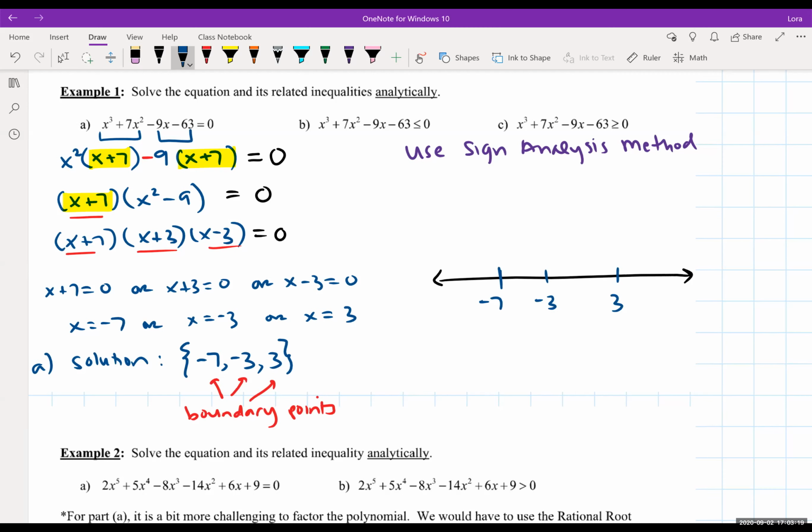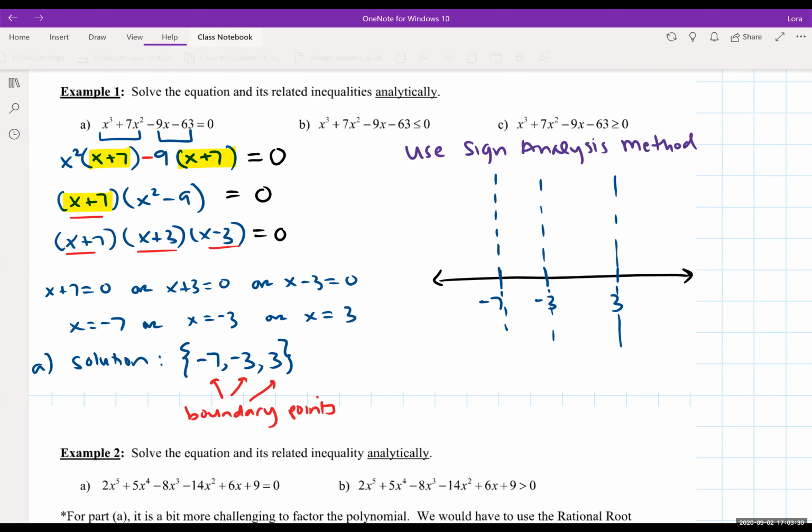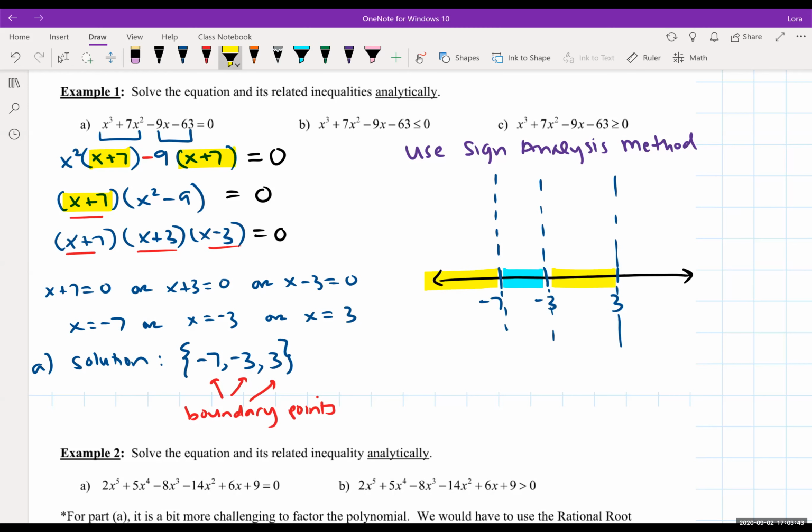The idea is just to make sure you understand that the number line is being broken up into, how many regions do we have? Let's double check. It's going to color code this. That's 1 region, 2 regions, 3 regions, and 4 regions.